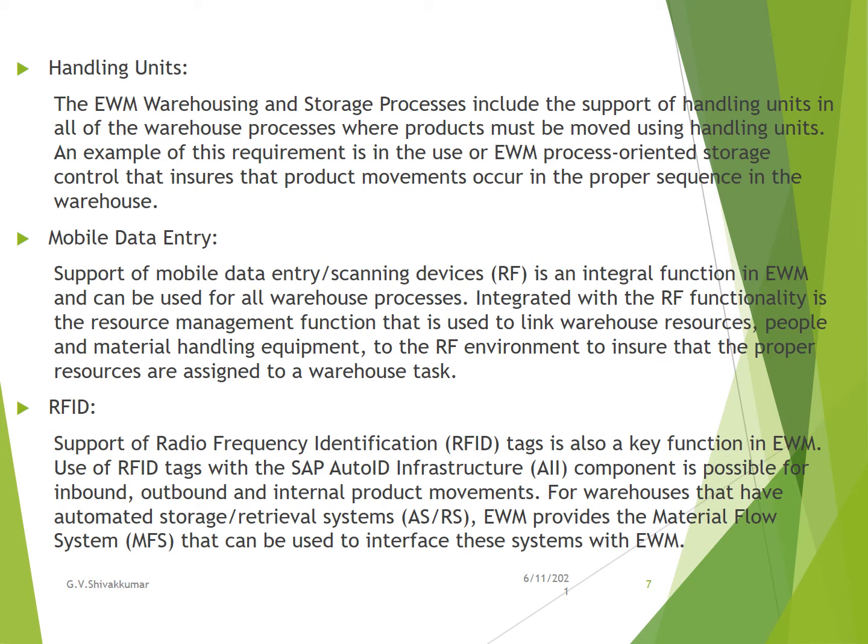In EWM we have inbuilt interfaces available. So the connection to external ASRS or any forklift or any warehouse handling equipment is simple compared to WM, where we require third-party interfaces. SAP EWM facilitates automated integration of warehouse handling equipment.